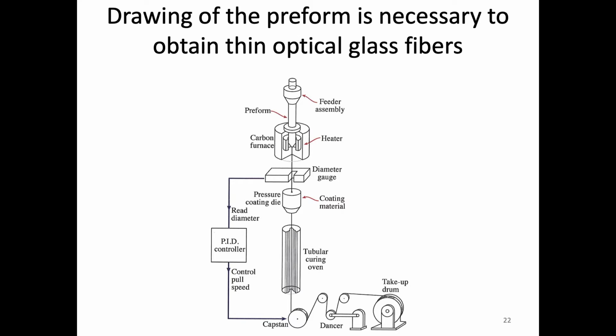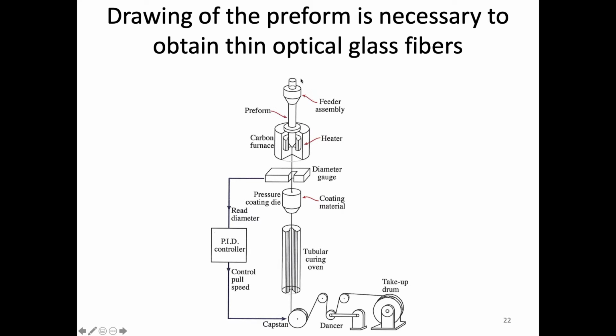All right, so in all of these methods, we start with the preform, which is a much larger version of the glass fiber with a dual composition, and then we have to draw it out to give us the thin fiber optics that we need. And so all of those require a drawing process. And so this is just one way in which we can do that drawing process.